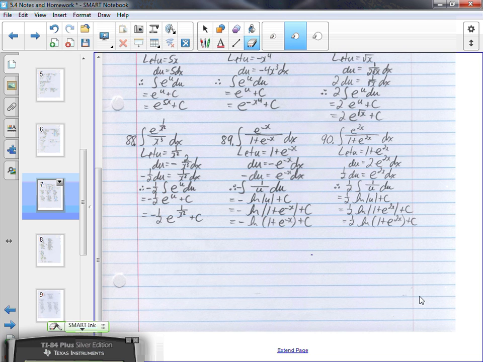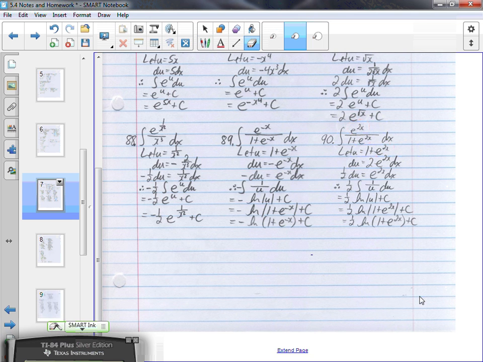So I settled on trying to let u equal that denominator, and it wasn't a random guess, okay? But when you take the derivative of that, aren't you going to get that in it? So that's what I was hoping was going to go on, is that would help me get rid of or substitute for the e to the 2x dx as well.